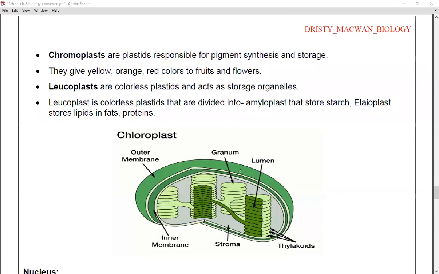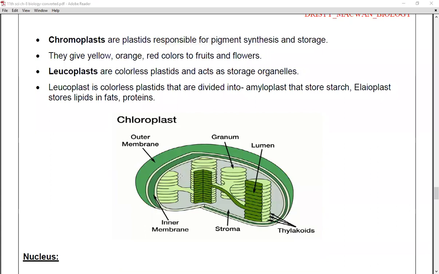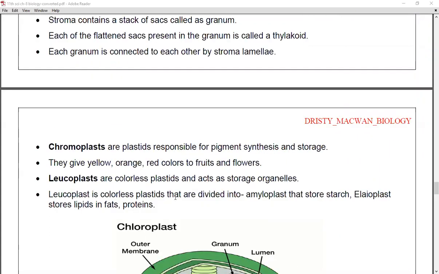Here you can see in the figure, the fluid which is present over here, that is the stroma. That is the gray colored part you see in the background, that is the stroma, right? And the stack-like sacs, these are the stacks, and this is said to be the granum, right? And inside the granum also there will be the presence of some fluid-like structure, and that is known as lumen, right?